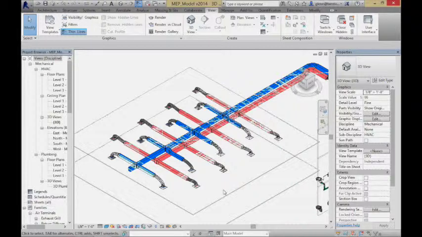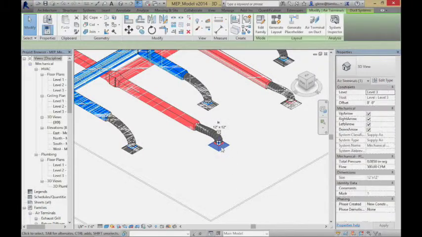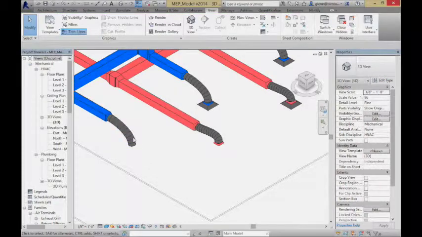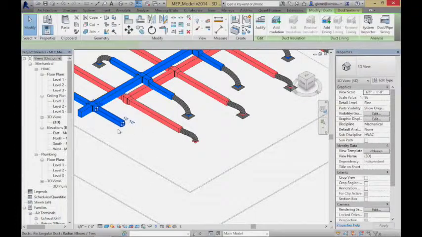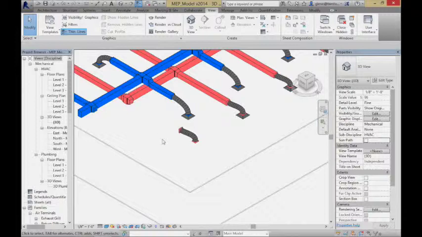But the way it basically works, just so you get a sense of how these systems get sized, is, let me take out a couple of these pieces for you now. I'm just going to knock out a piece of the system. When you're putting together a mechanical system, it's very much like a plumbing system.